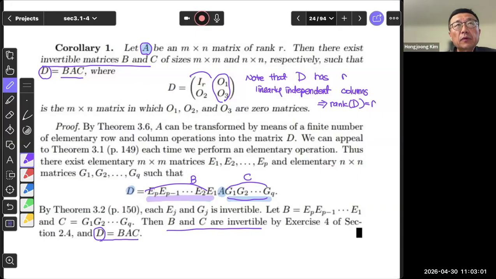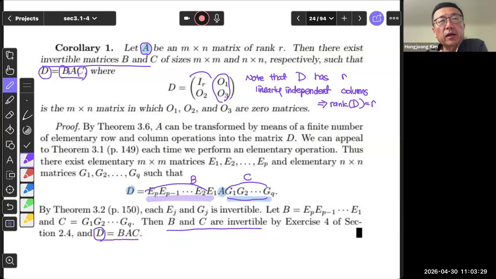Then what is the rank of A? From A, I obtained D, right? I obtained D and I just multiplied some invertible matrices, and the multiplication by an invertible matrix does not change the rank. So the matrix A will also have the rank R, right?